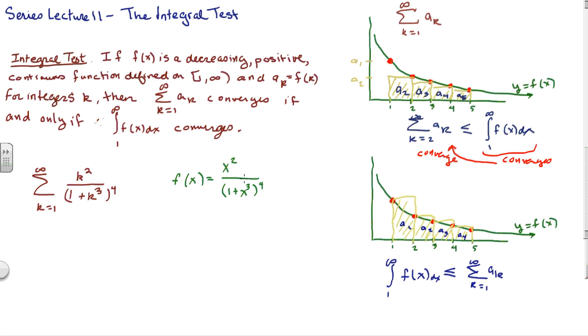Hopefully you can be convinced that this is eventually decreasing. I'll let you check on your own that it's decreasing when we need it. By the way, the integral test will work if it's eventually decreasing and positive, but you want to work from the point where you're going from. Definitely everything's positive, and 1 plus x cubed is getting bigger faster than x squared from 1 to infinity, so this is going to be decreasing.